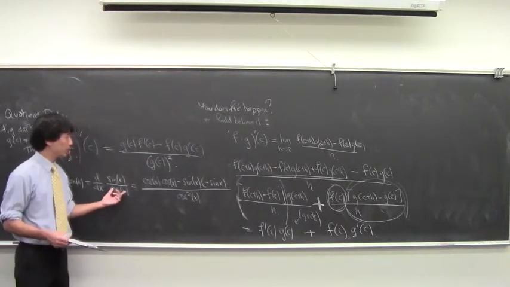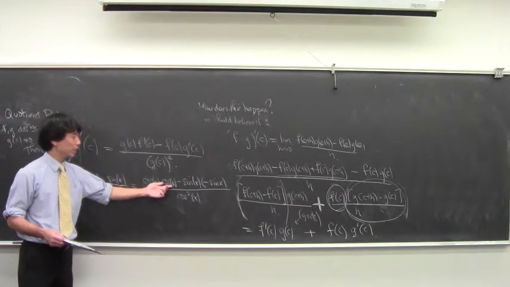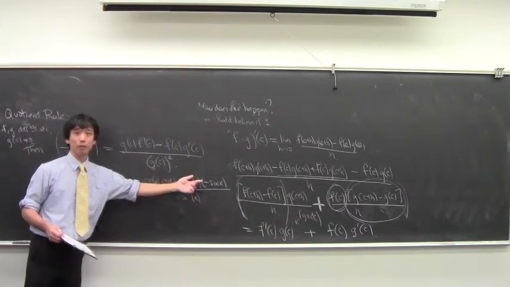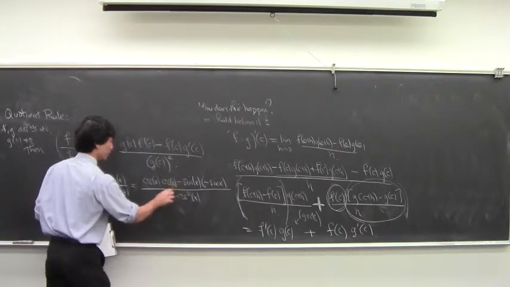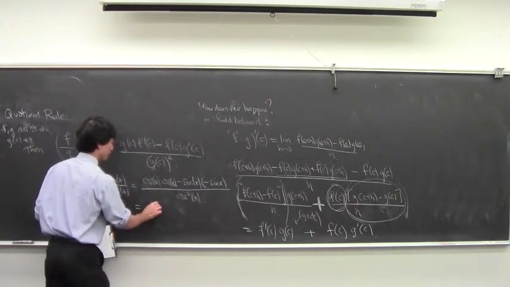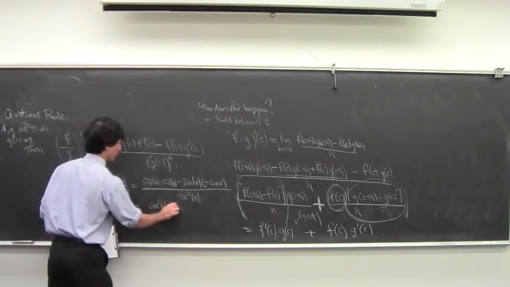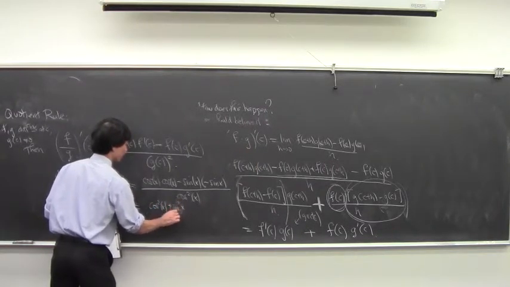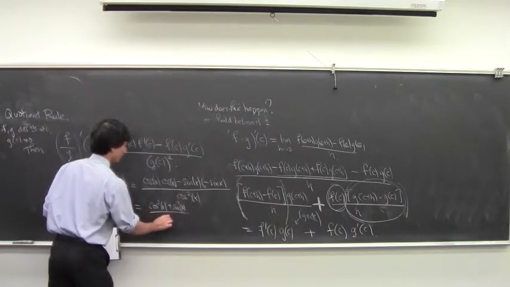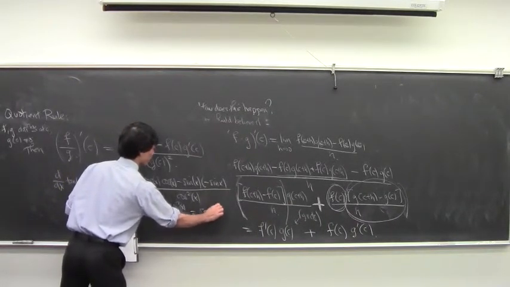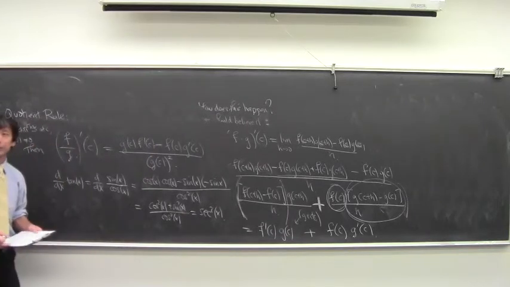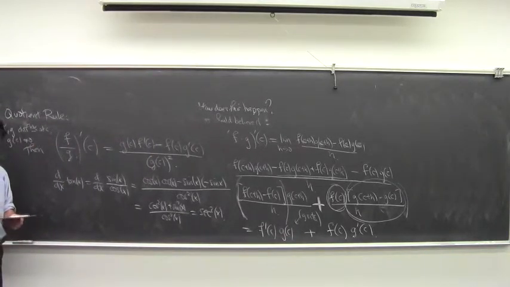And you see that you get cosine squared plus sine squared on the top, which is 1, over cosine squared. That's 1 over cosine squared, also called secant squared.